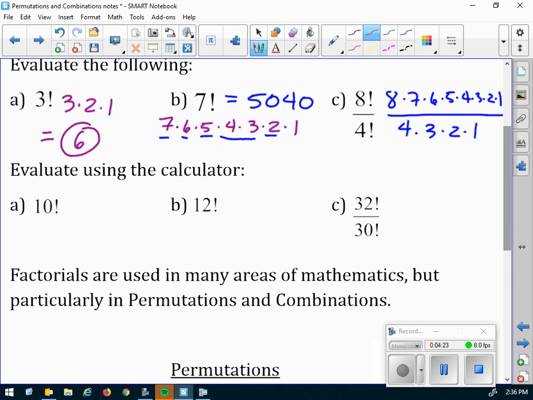So if you see, that all cancels, doesn't it? So they have the same. Now let's go to your calculator, but let's see if we can come up with just 2 numbers to multiply together. That's 30 times 56. Do 30 times 56. Let's see what you get.